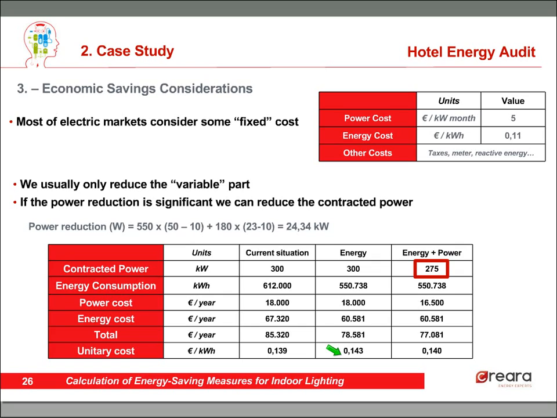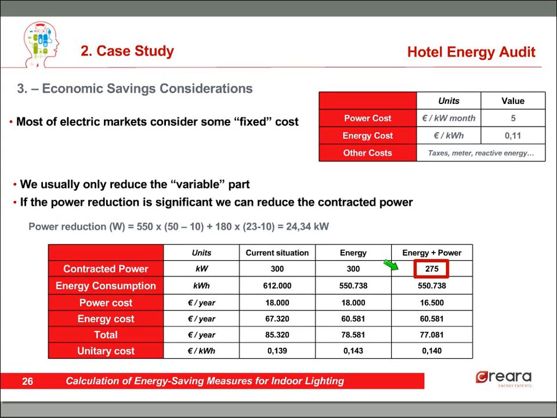If we want to reduce even more our payments to the electrical company, we can reduce our contracted power. We consider that with these measures, we can reduce our power demand by 25 kilowatts. So if our system allows it, we reduce our contracted power.